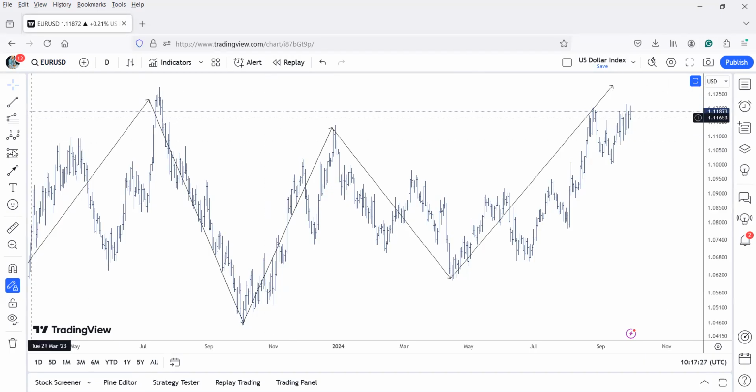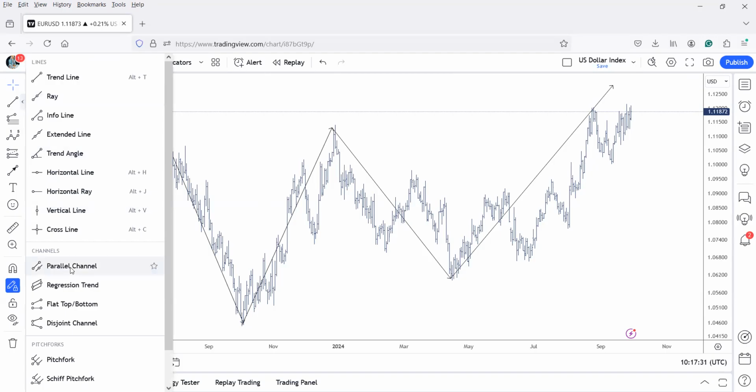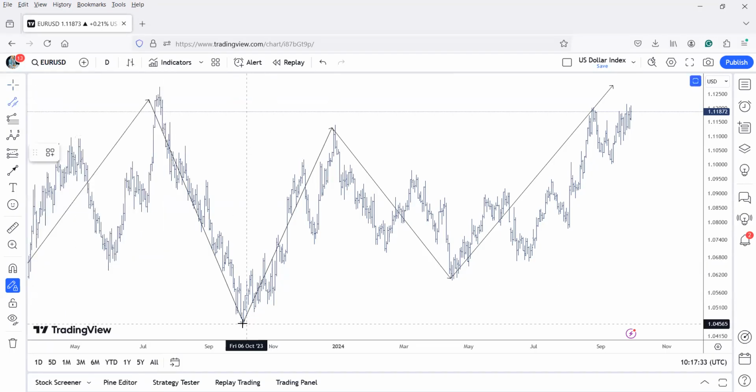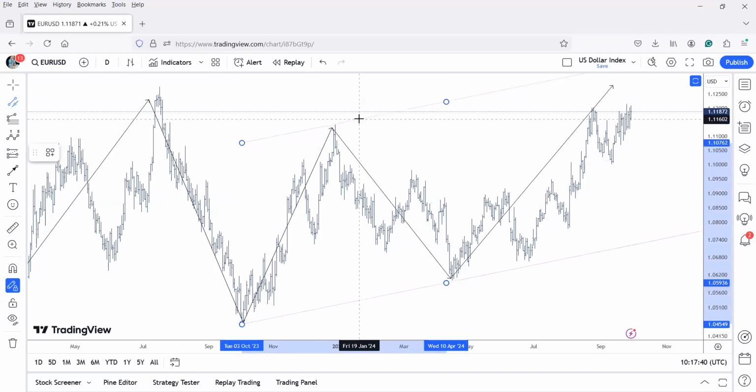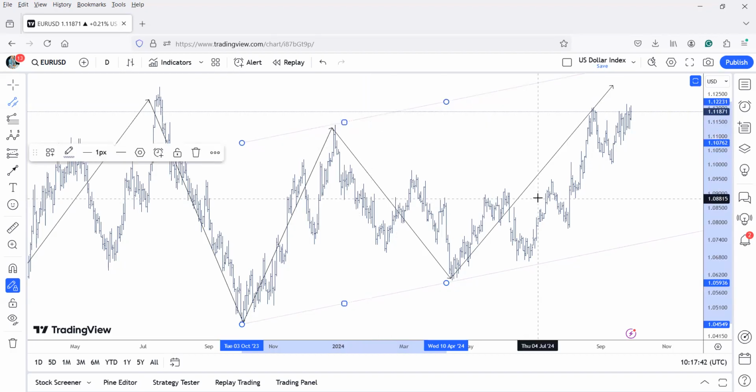So we're completely against what is happening if this count turns out to be correct. It could be high time that we'll have to reverse or be stopped out at some point if this count turns out to be correct.